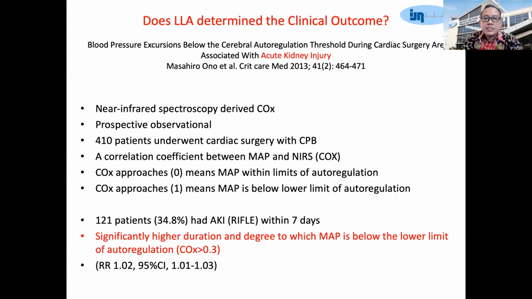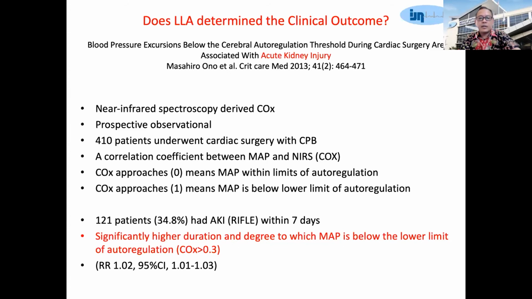How does this translate into clinical outcome? Masahiro Ono in 2013 looked into the outcome of acute kidney injury. 410 patients underwent cardiac surgery with cardiopulmonary bypass. She found that 121 patients, or 34.8%, had acute kidney injury within 7 days.